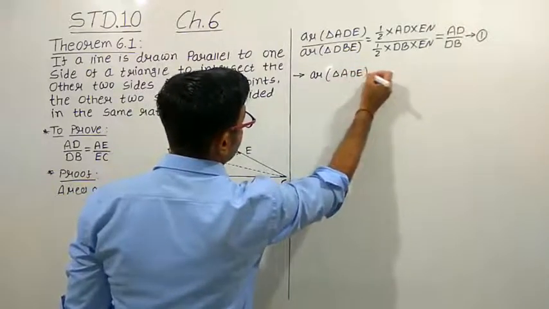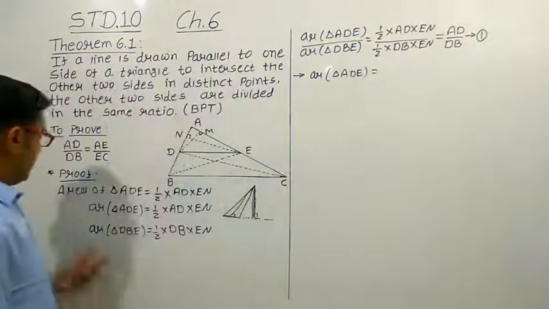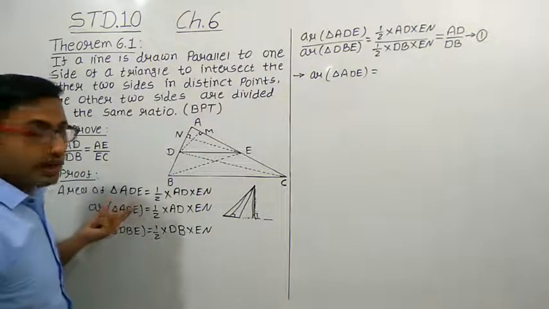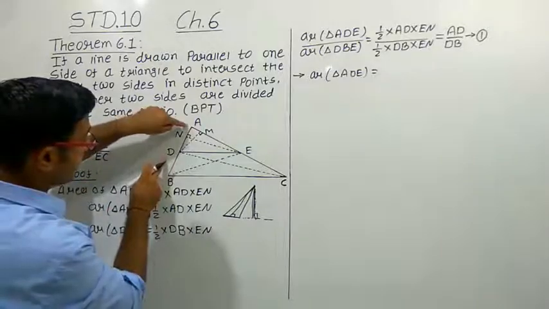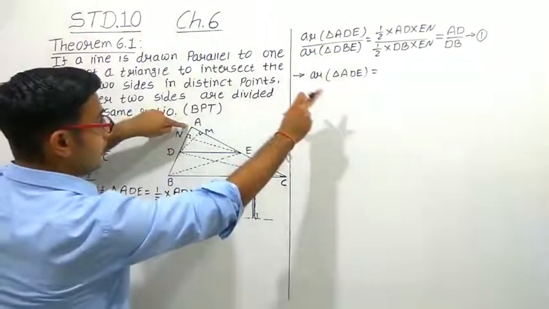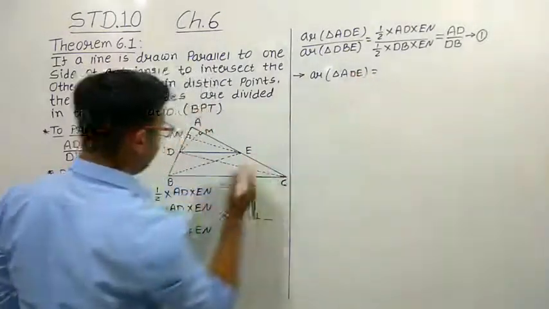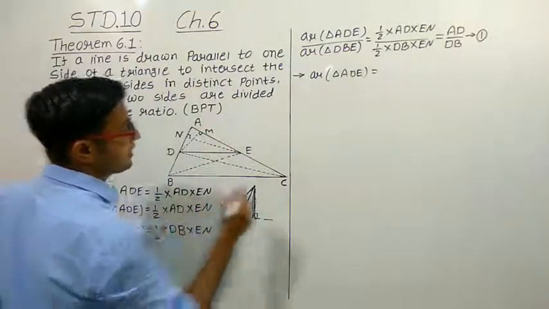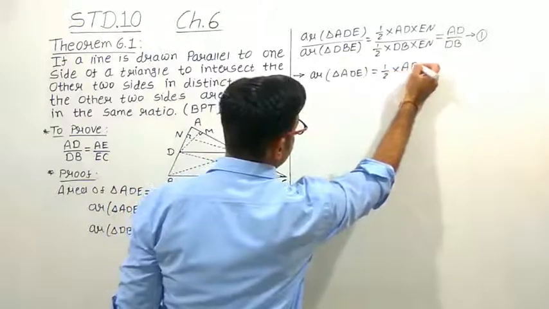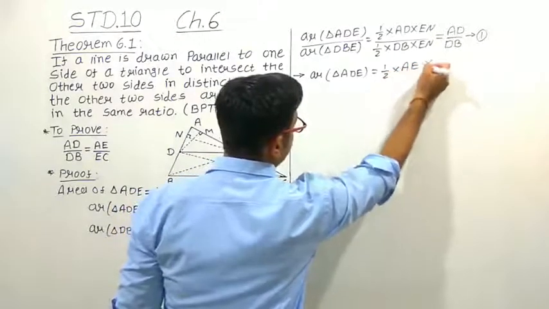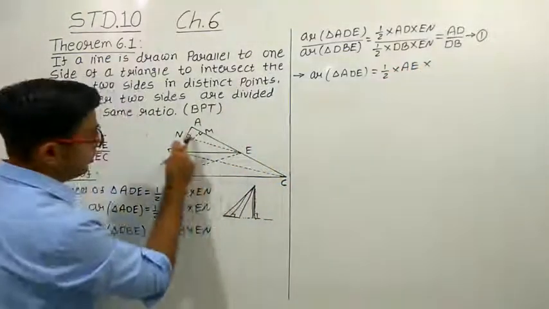So again we have to write down the area of triangle ADE. See, here also we consider the area of triangle ADE, but this time we take AE as the base. So the base is AE, 1/2 AE into, now what is the altitude on AE?